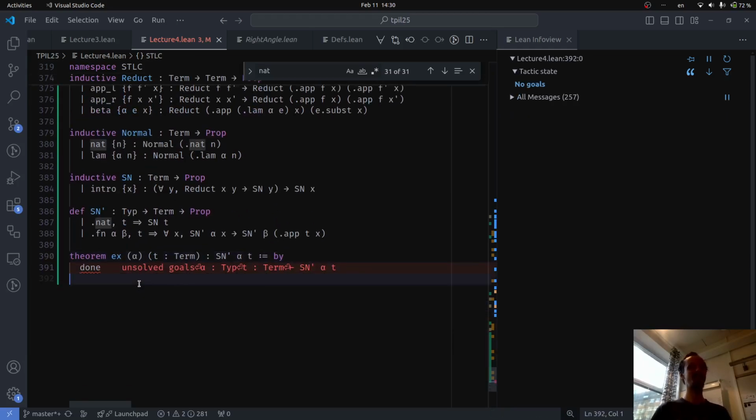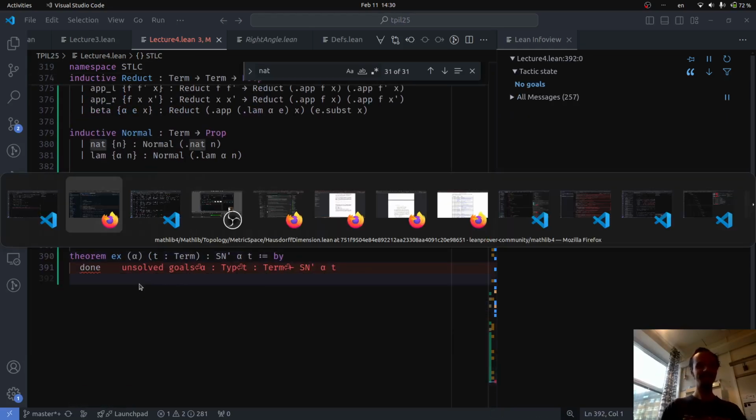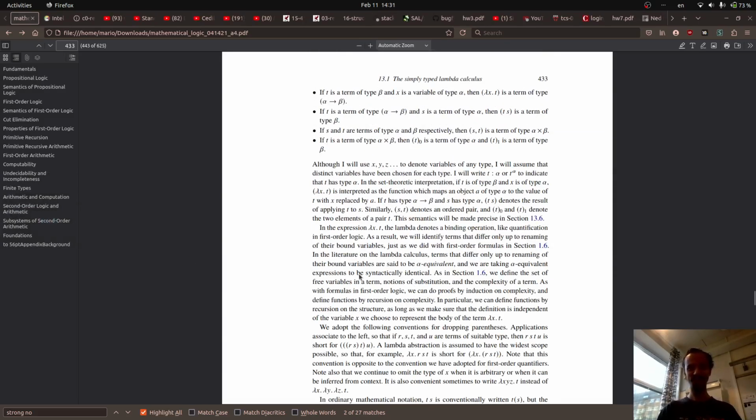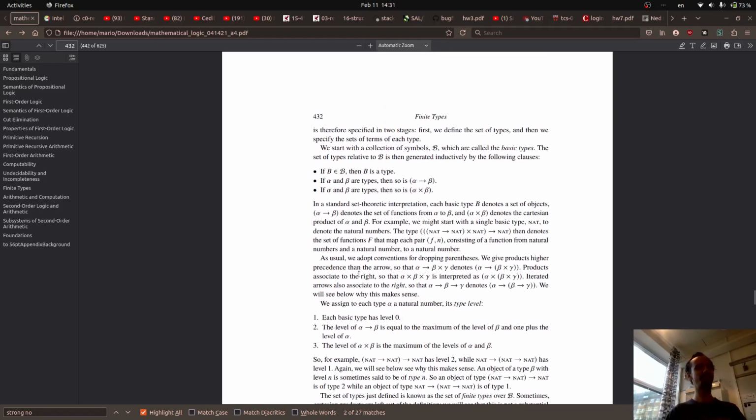I can't remember the actual proof. Luckily, I've done this previously and have access to a paper proof.